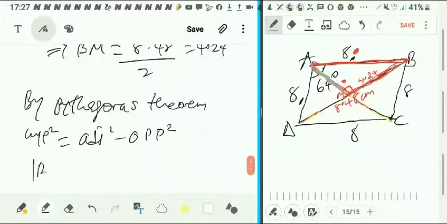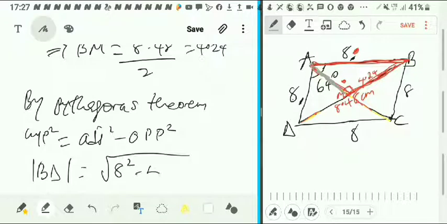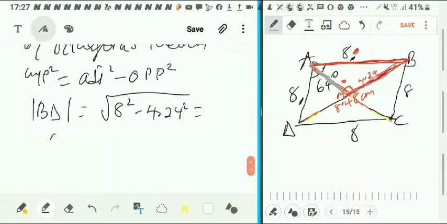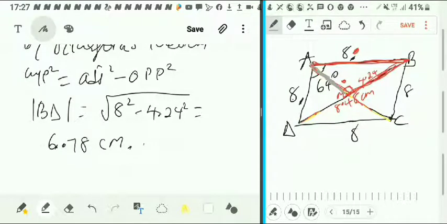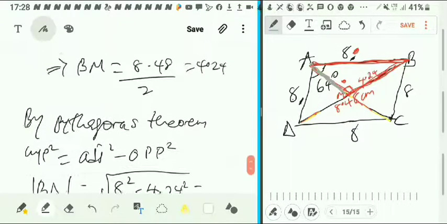So AM equals the square root of hypotenuse 8 square minus 4.24 square, giving me 6.78 centimeter. So that means this part is 6.78. But you know, AC is going to be double of AM.